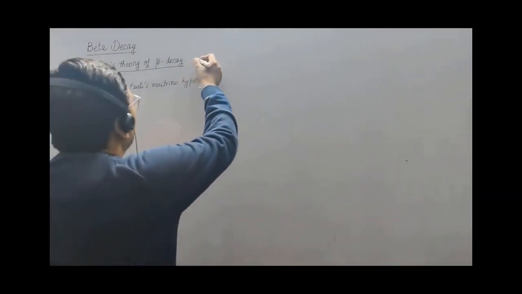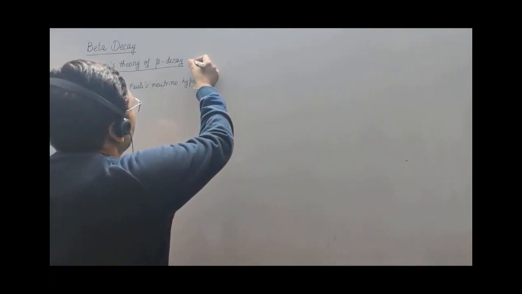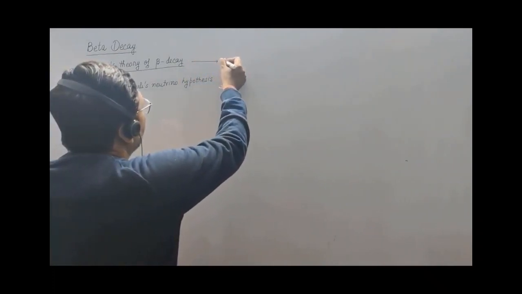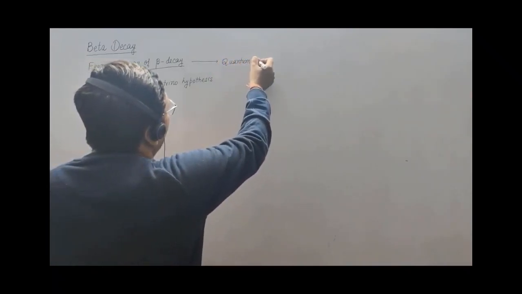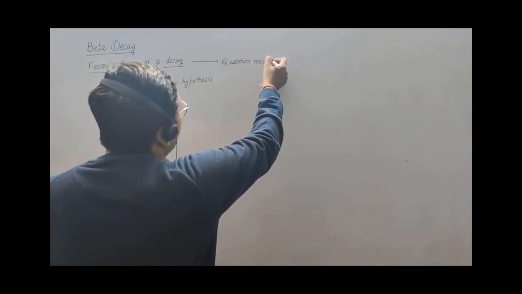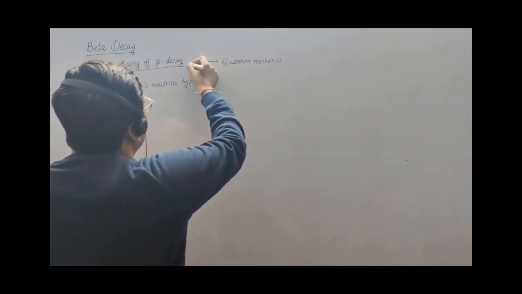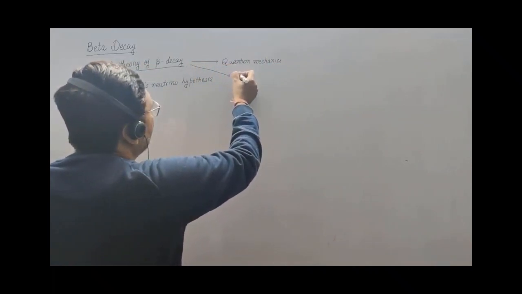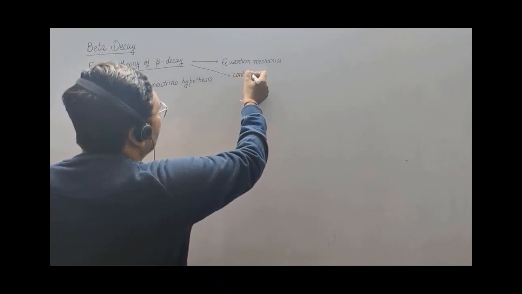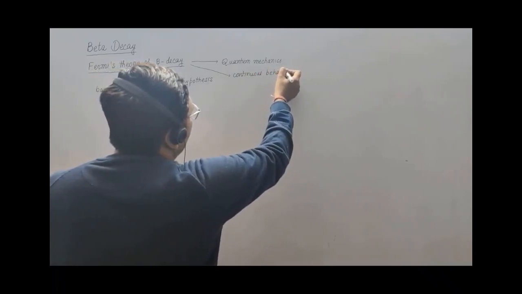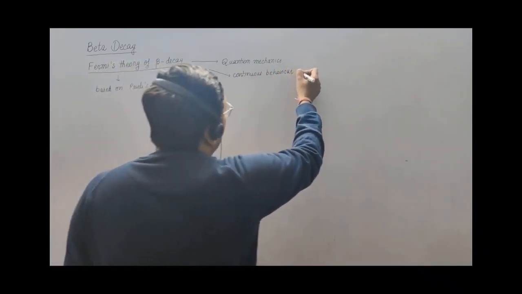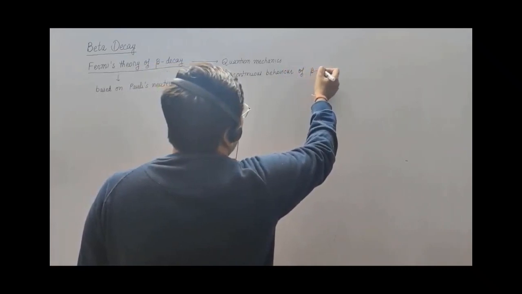Basically, he used quantum mechanics to find out the continuous spectrum and decay constant. In this theory, he used quantum mechanics, and on the basis of this theory, he was able to explain the continuous behavior of the beta particle spectrum.